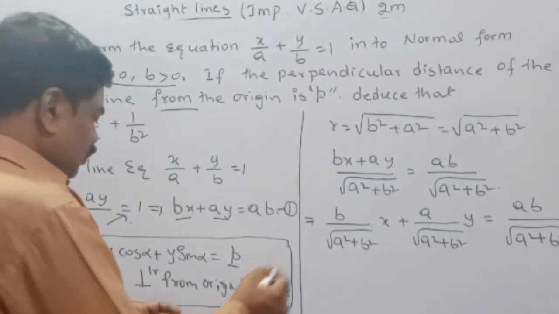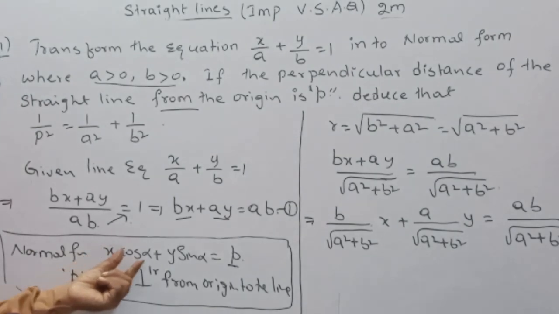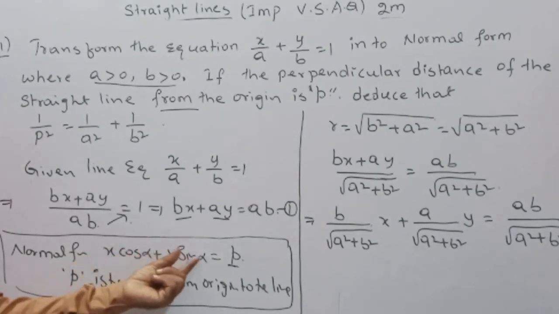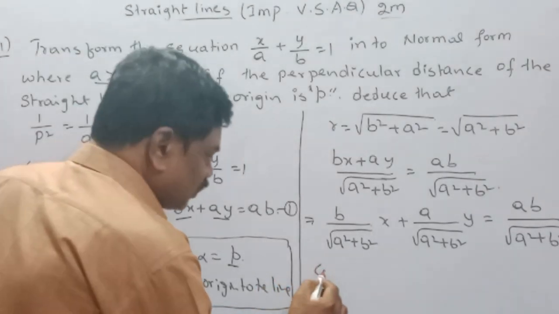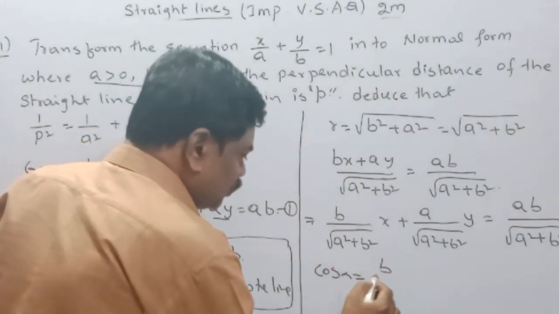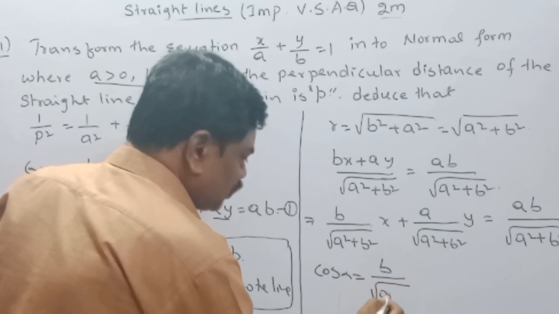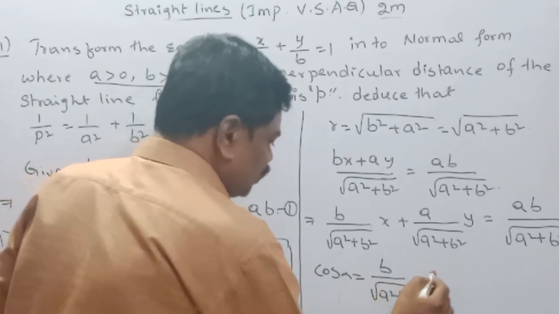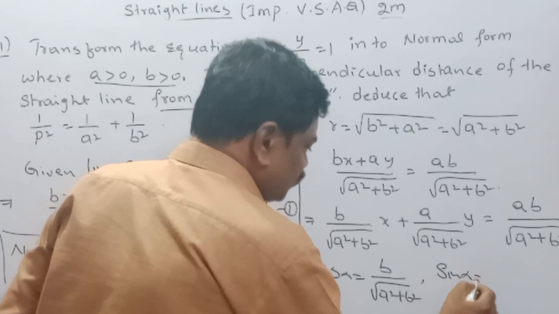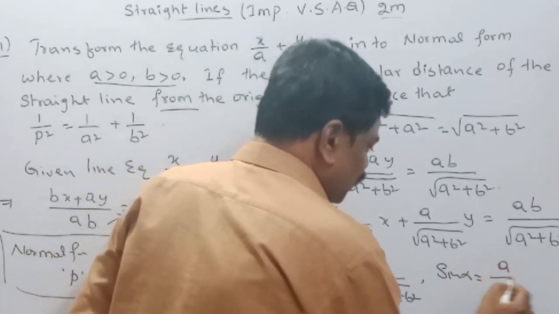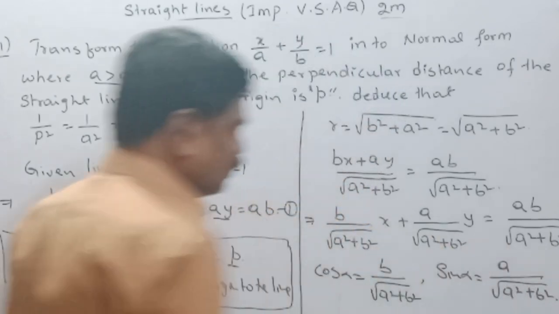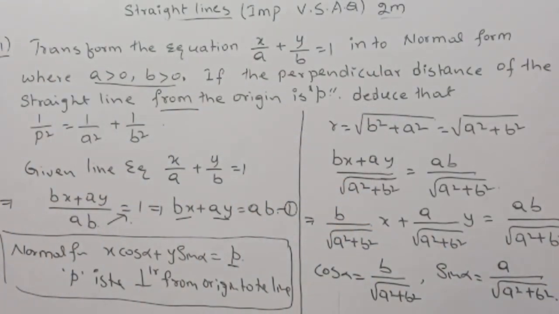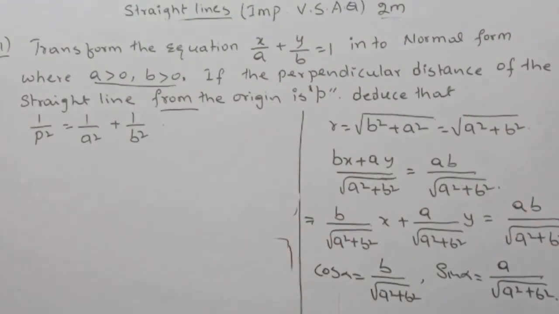Okay, here you compare with x cos alpha plus y sin alpha. So what is cos alpha? Cos alpha is equal to b by root over a square plus b square, and sin alpha is equal to a by root over a square plus b square. We want to find here the alpha value. What is alpha value?